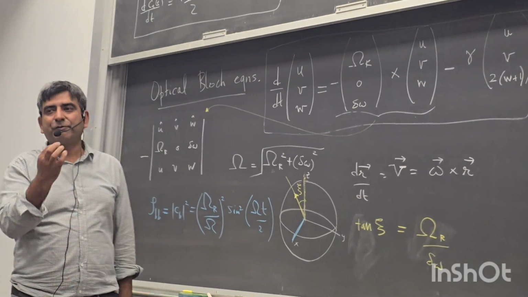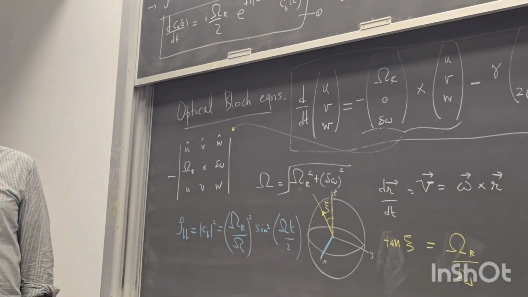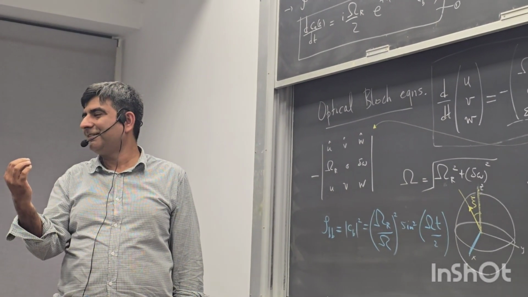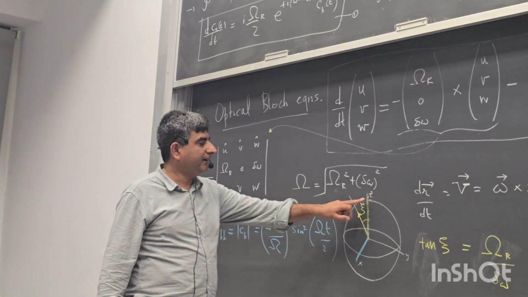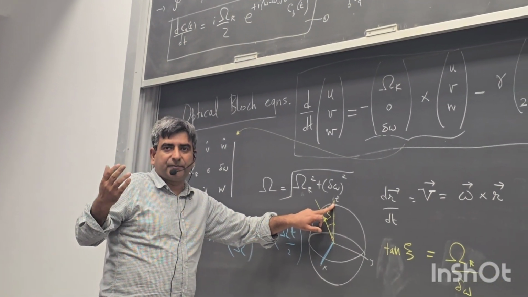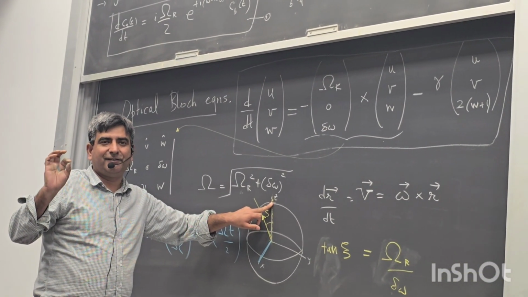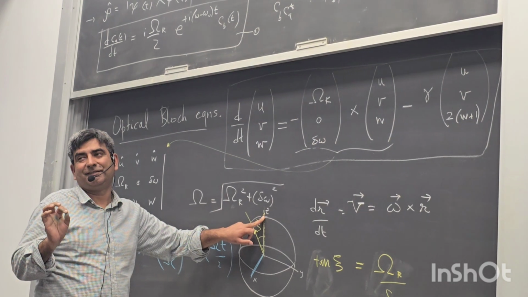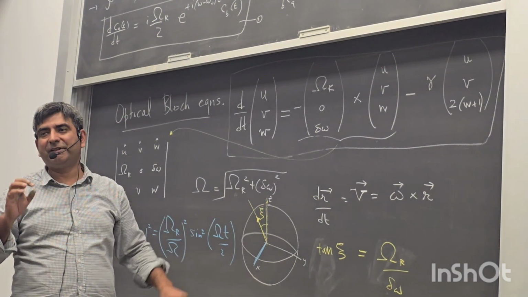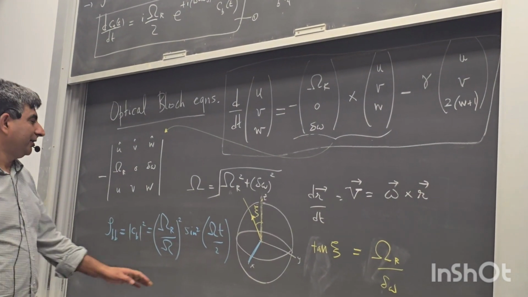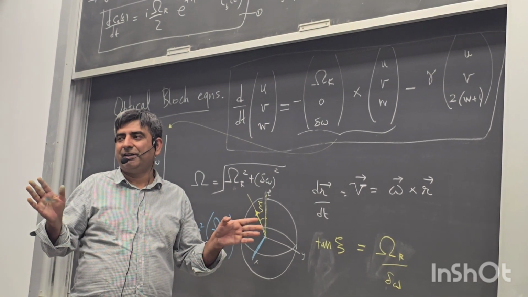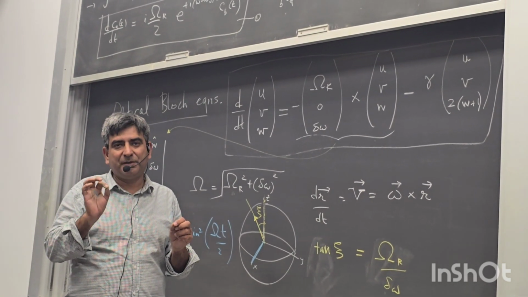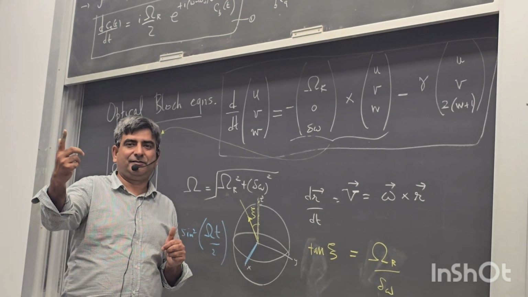So in order to solve this equation, you need some initial conditions. Right? So what kind of initial conditions? I can choose that initially all my atoms are in the ground state A. So rho_AA is 1. What will be the initial condition for U? No coherences to begin with. U is 0 initially, V is 0 initially, and W, which is rho_BB minus rho_AA, is minus 1.